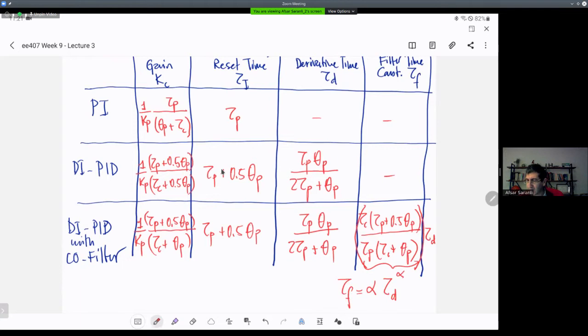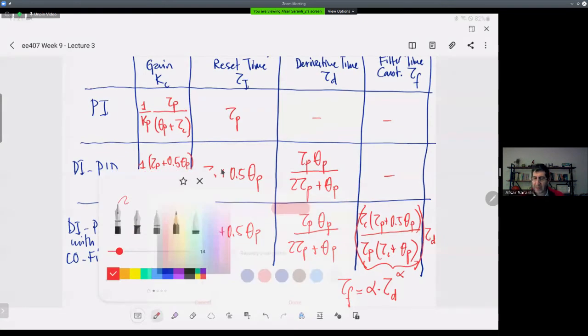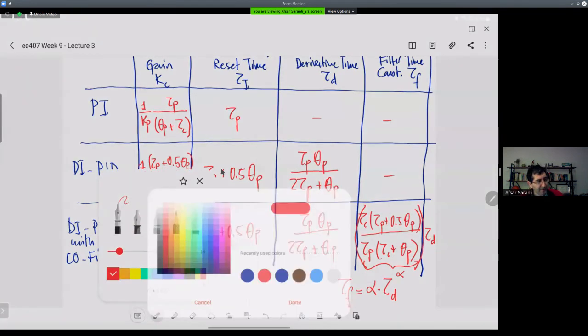Okay, so tau d is our derivative time constant, so alpha times tau d gives us the filter cutoff. So that's what we have, right?